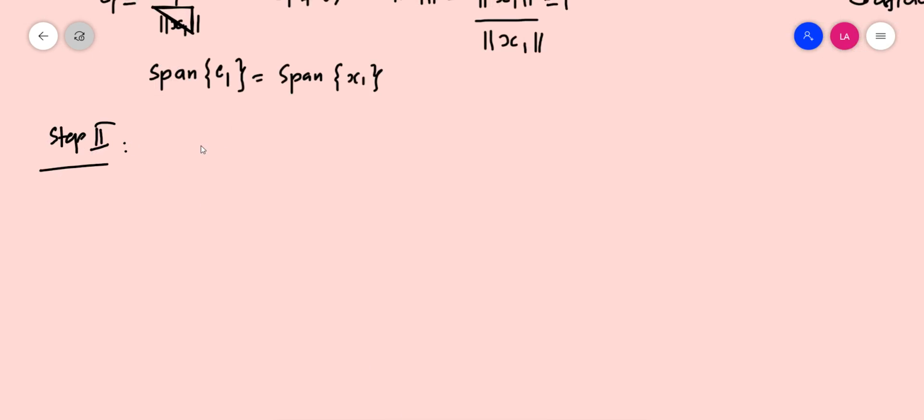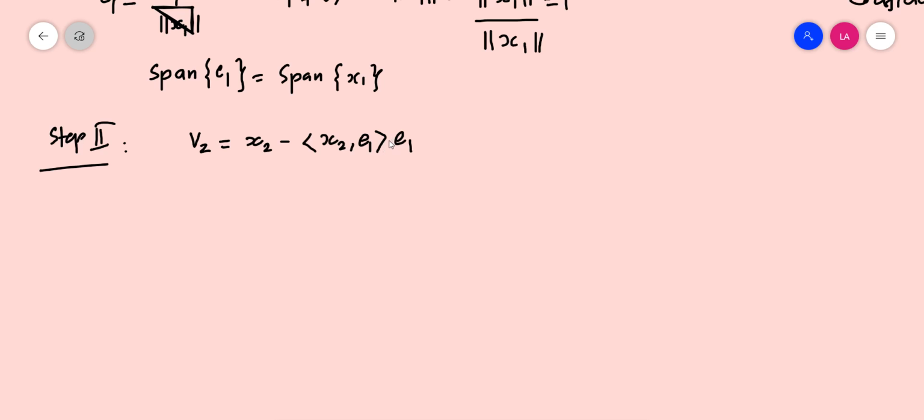Now we construct another element v2, defined as x2 minus inner product x2, e1 times e1. This is the general form of the expression, which is also a non-zero vector, because x1 and x2 are linearly independent.